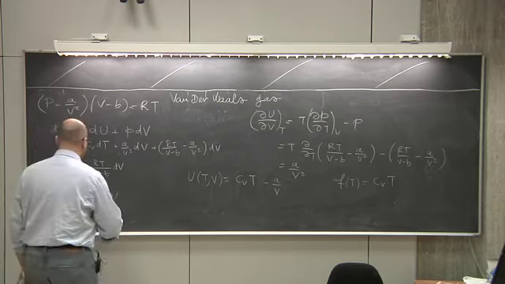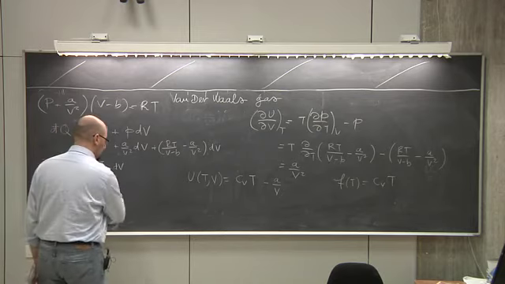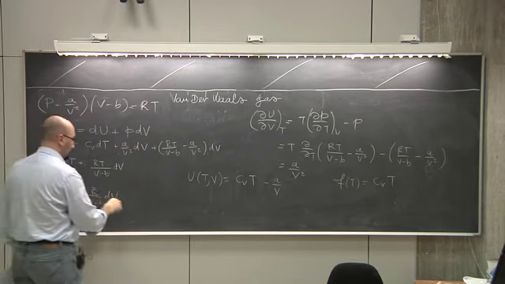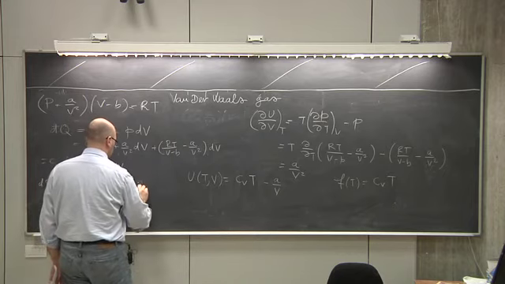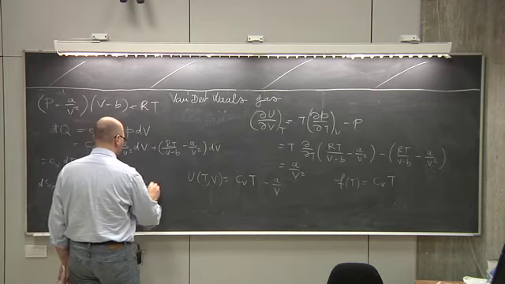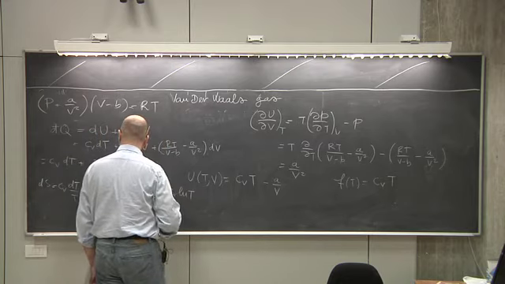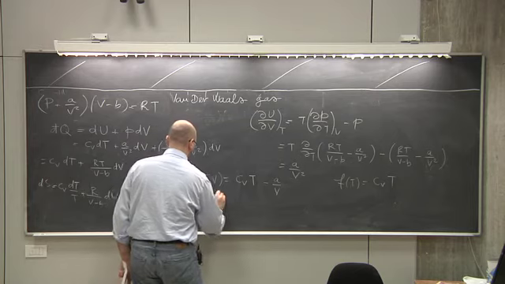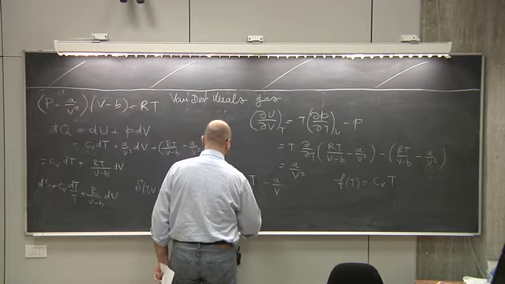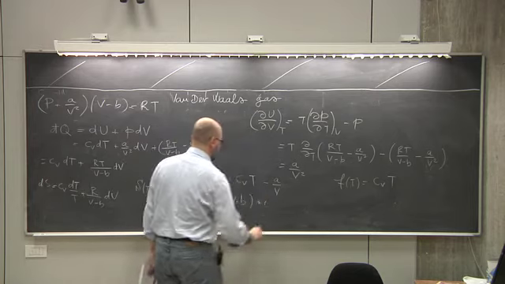And therefore, by integrating this on a general path, where T and V change, we find that the entropy is Cv log T plus R log of V minus B plus a constant.